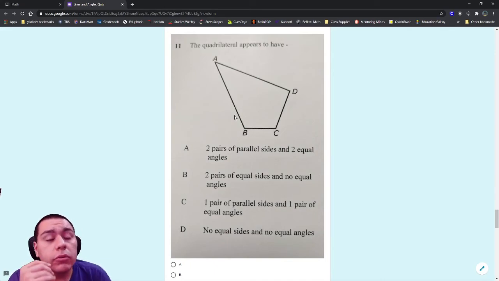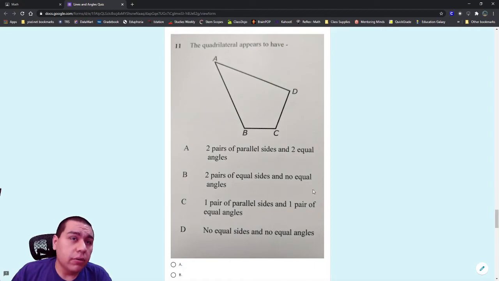11. The quadrilateral appears to have, and then they ask us about the sides and the angles. Answer choice A says 2 pairs of parallel sides. If I look at this shape here, do I see any sides that are parallel?